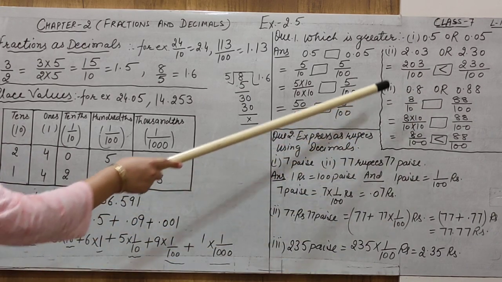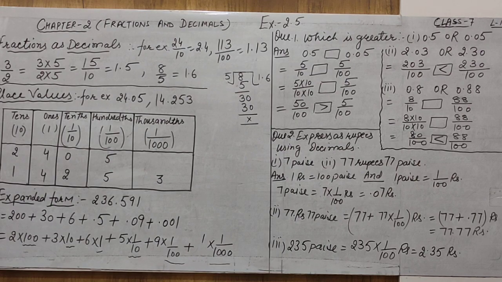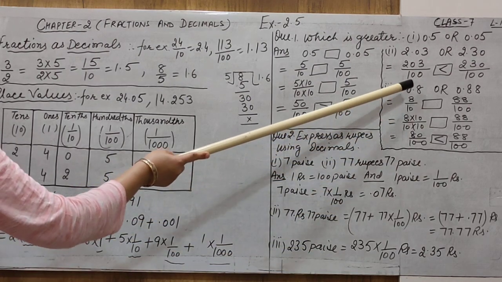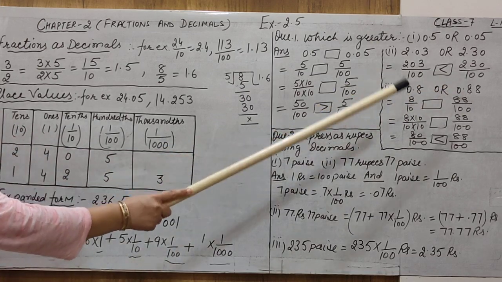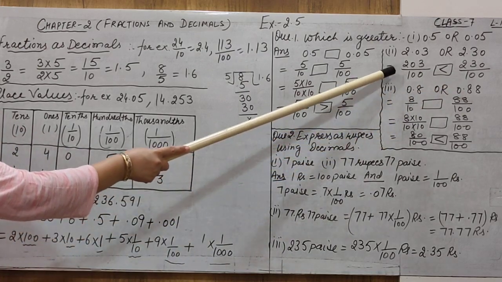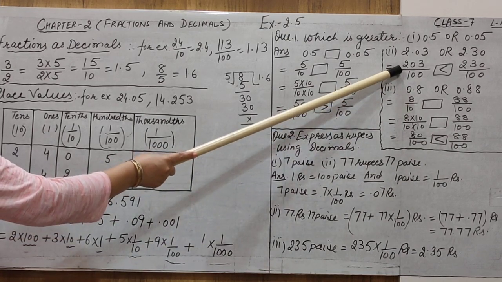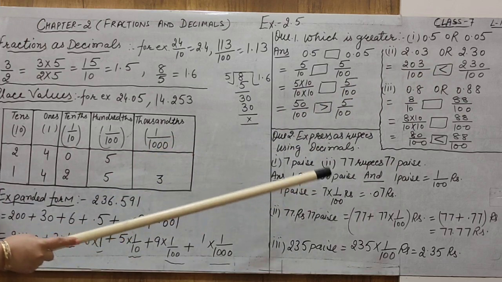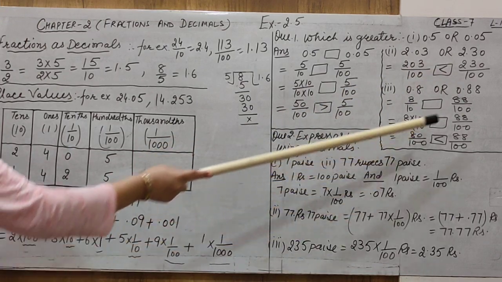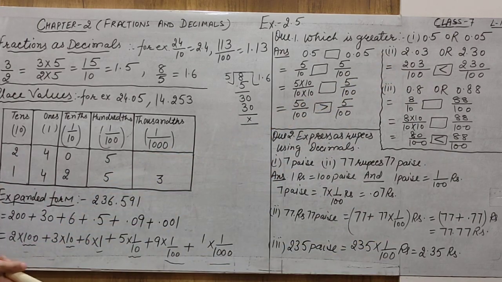As both denominators are the same, you just have to compare the numerators. As the denominators are the same, you are not going to change anything in the denominator. Just compare the numerators. In the first case, the numerator is 203. In the second case, the numerator is 230. Now tell me, is 30 greater or is 3 greater? Obviously 30 is greater.